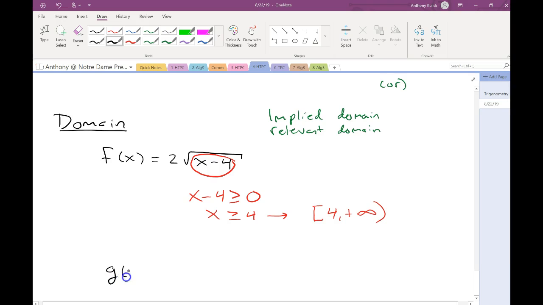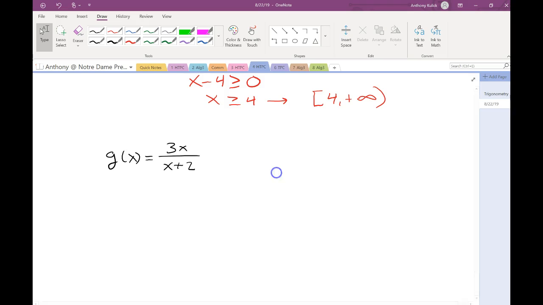What if we have this one? 3x over x plus 2. What's the relevant domain for this problem? Well, let me rephrase then. What could be a problem? What values of x could be a problem for this? Okay, so Kane says negative 2.